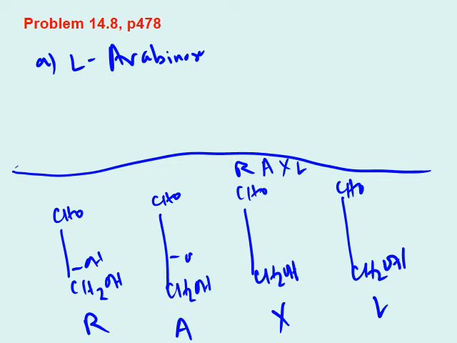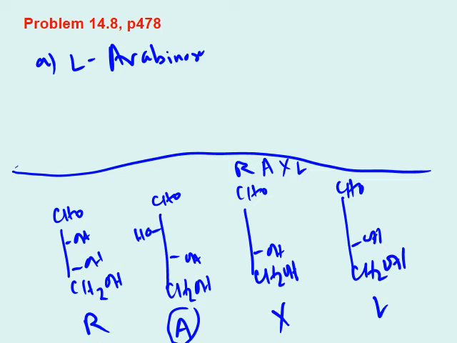So all right on the right, right. Then the top one would be right and left. This is right, this is left. I don't need to go farther because arabinose is the second one.